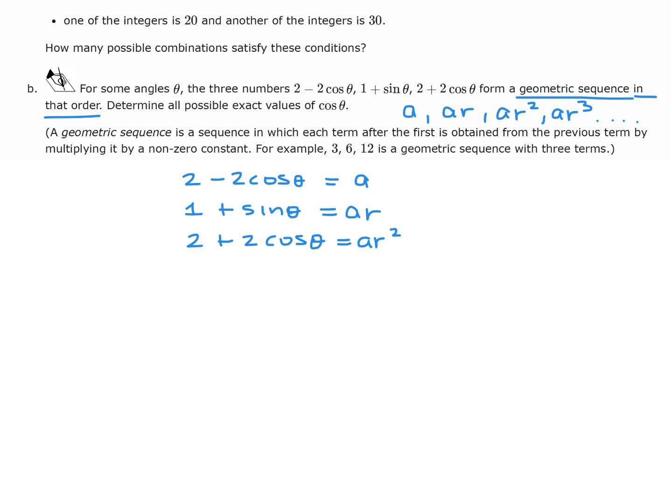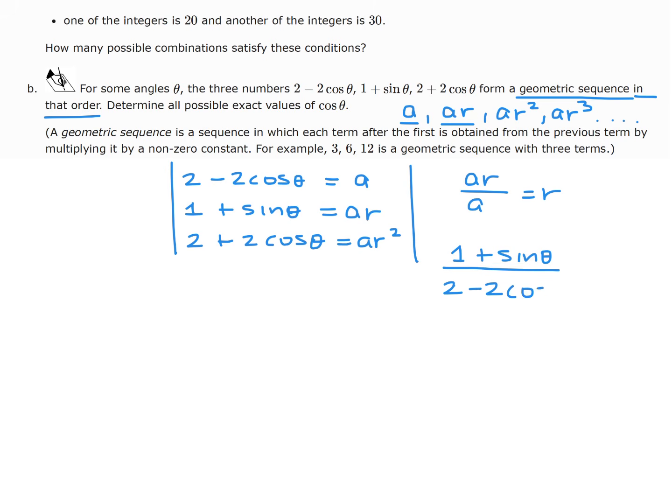Okay. So to get r, we can just take the second one and divide it by the first one. That would basically be r, right? So that would be 1 plus sine theta over 2 minus 2 cos theta. That is going to be my r.